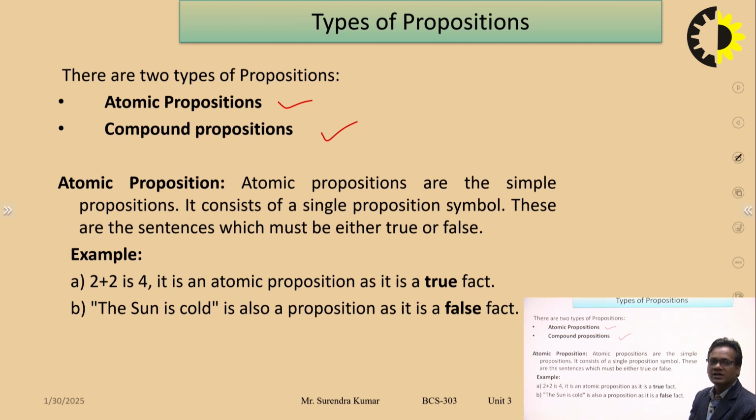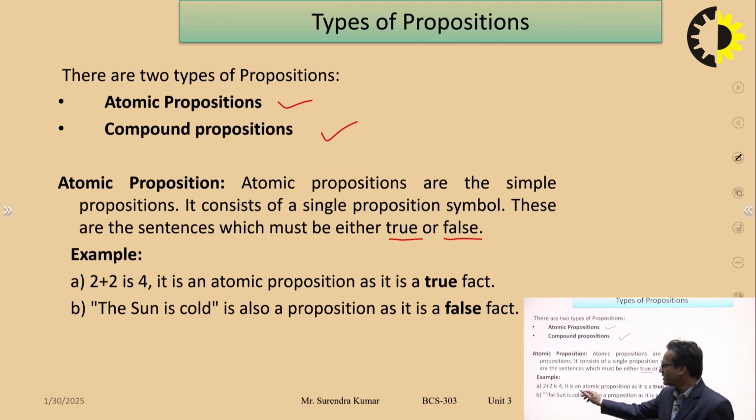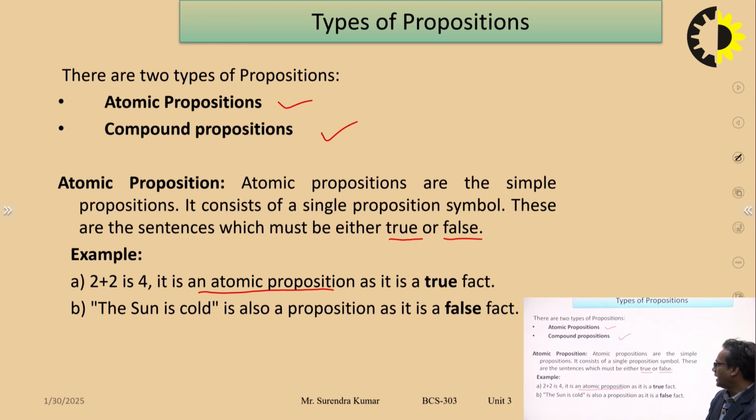It consists of a single proposition symbol. These are sentences which must be either true or false. If we take an example, 2 plus 2 is 4. It is an atomic statement as it is a true fact.